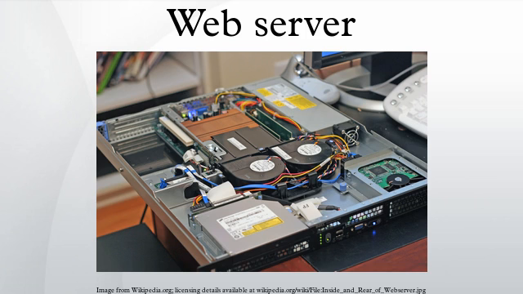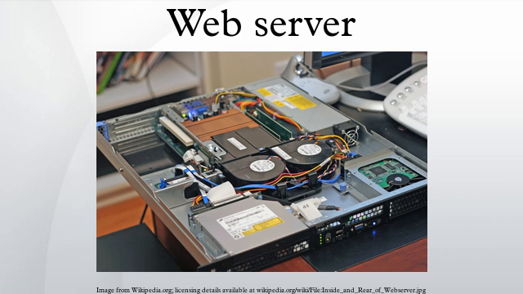Overview: the primary function of a web server is to store, process and deliver web pages to clients. The communication between client and server takes place using the Hypertext Transfer Protocol. Pages delivered are most frequently HTML documents, which may include images, style sheets and scripts in addition to text content.